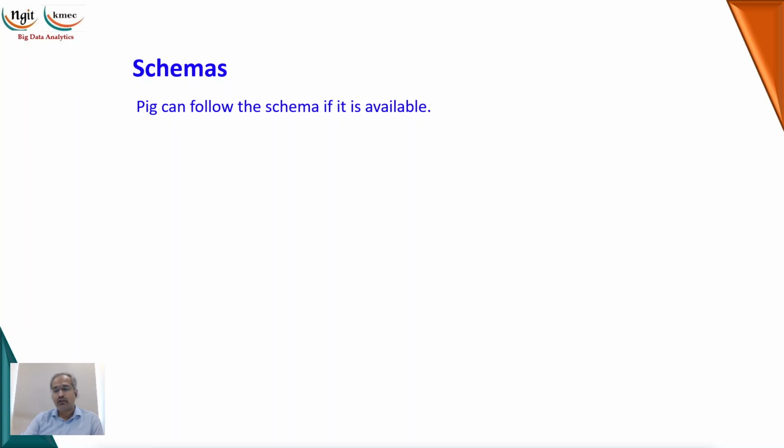Now we have to discuss schemas. What is the schema actually? Schema means data about data. Let us say, for example, we have a data set like 1, Rama, 5,000. What is 1? What is Rama? What is 5,000? Who will specify that?